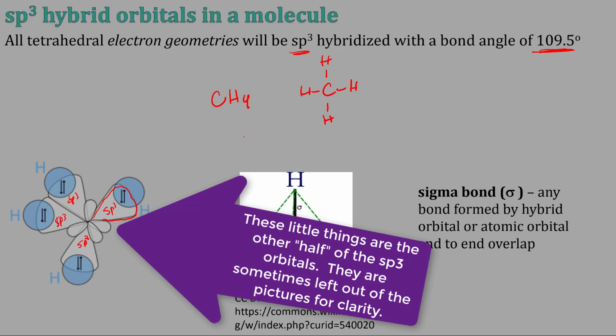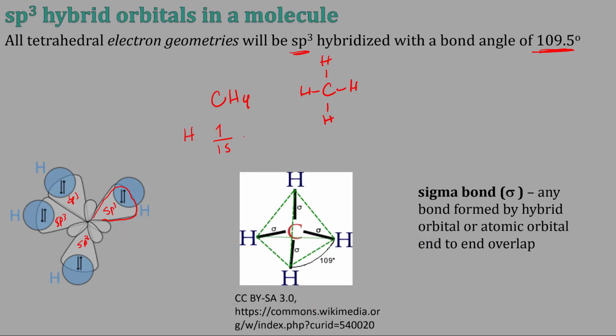The hydrogen isn't going to hybridize because it's just got one s, so it doesn't have anything to hybridize with. Its 1s orbital from hydrogen will overlap with the end of the sp3 hybridized orbital and form something called a sigma bond. A sigma bond is any bond formed by hybrid orbitals or atomic orbitals overlapping end to end.